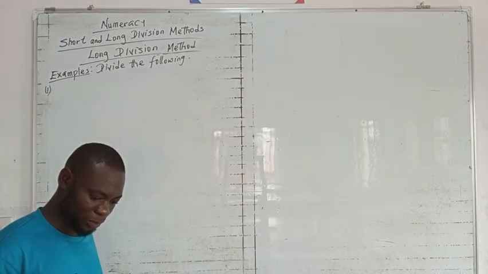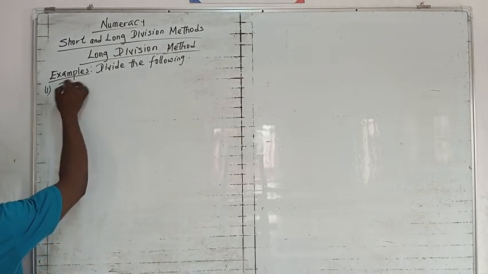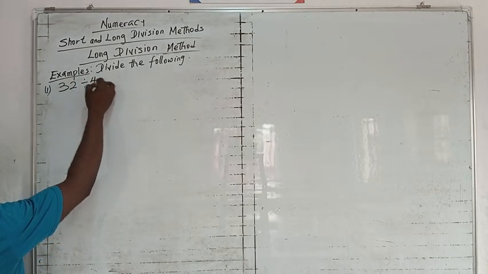By the following. Here we have 32 divided by 4. Solution.